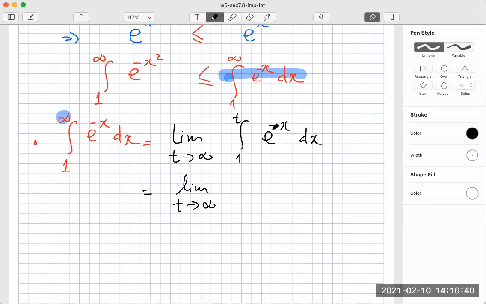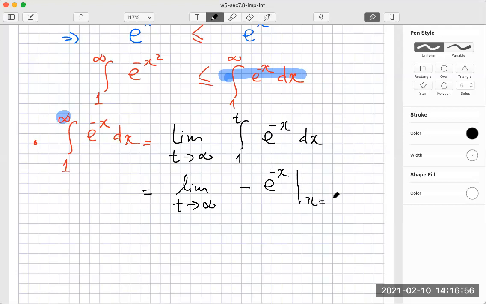What is the antiderivative of this function? Be careful with the negative sign. It's very dangerous here.